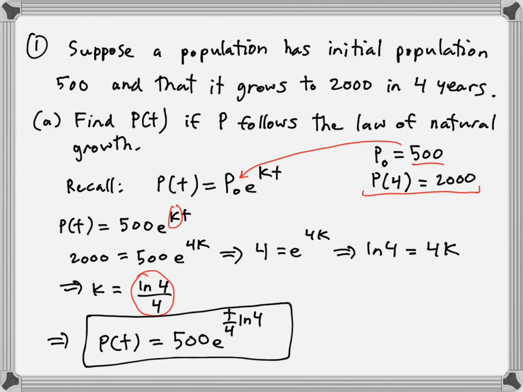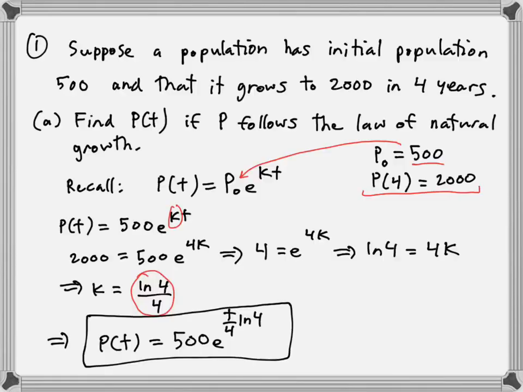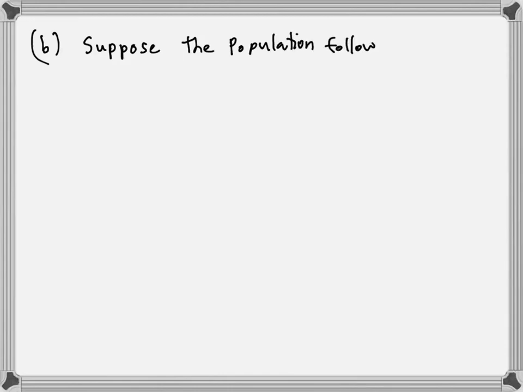Let's look at part B. Part B says, suppose the population follows the logistic model.